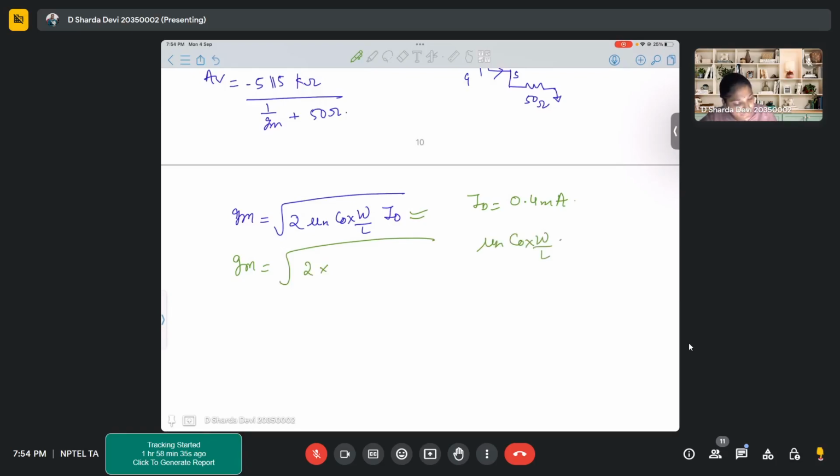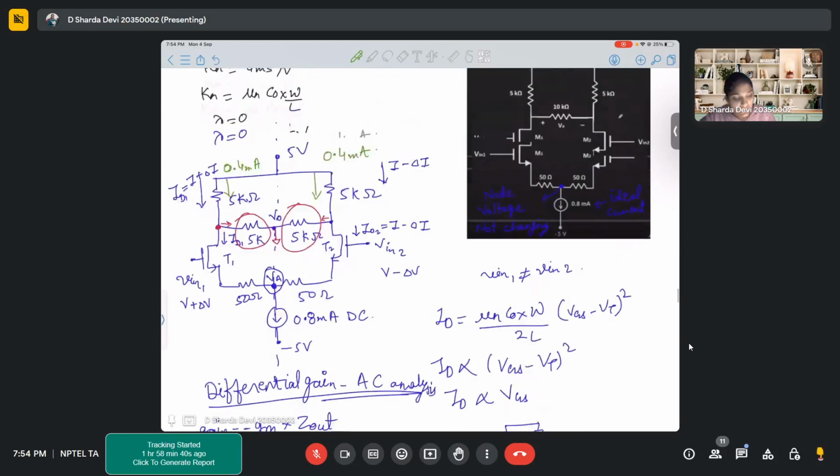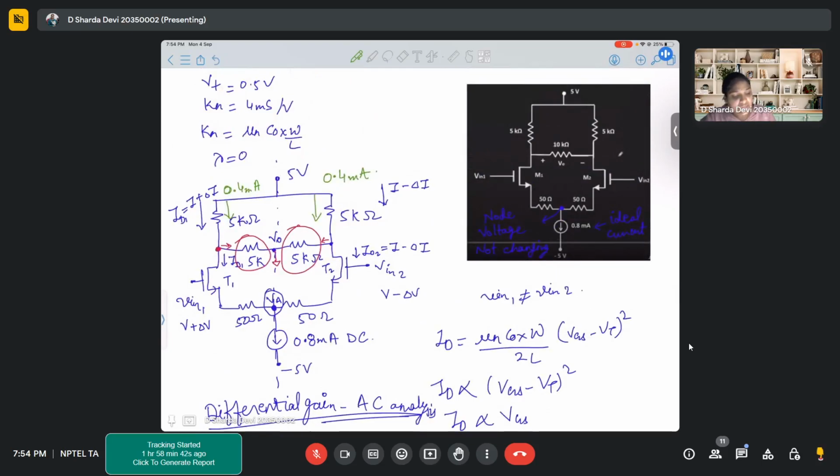Ma'am, what is the purpose of the 0.8 milliampere current source? This defines the current that will be flowing through your circuit. It tells you the total current that can flow through your circuit, so it limits your current. Your current cannot go beyond 0.8 milliamperes. It is always fixed at 0.8 milliamperes.